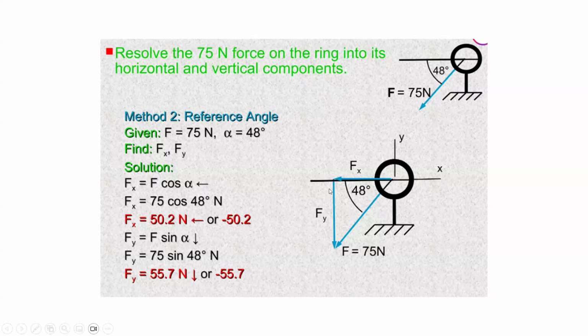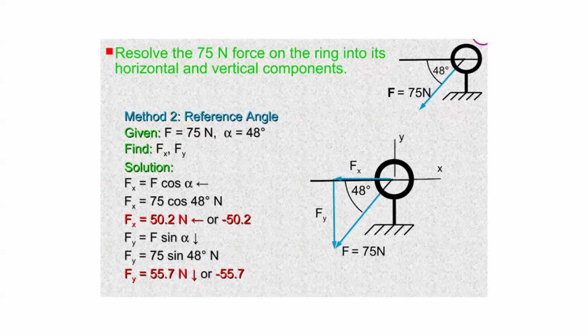In this example, they consider Fy downside as the positive direction and Fx negative direction, right? But normally we take X and Y positive and negative directions on the top side and the right-hand side, right? In this example, I explained how to convert a given vector into two components, horizontal and vertical.